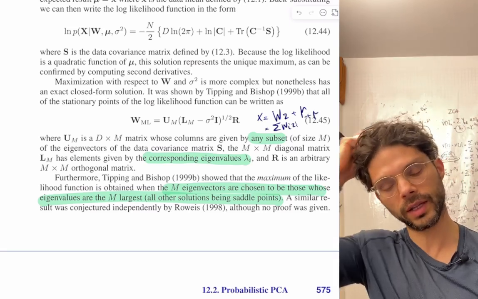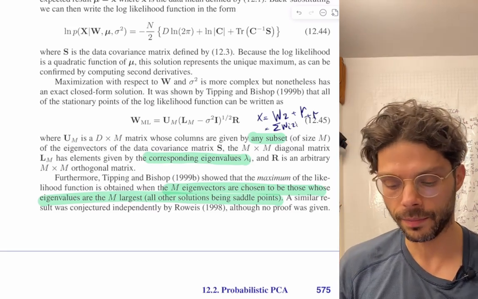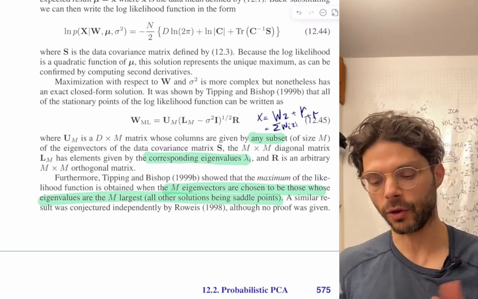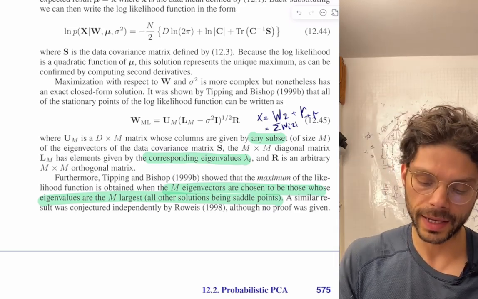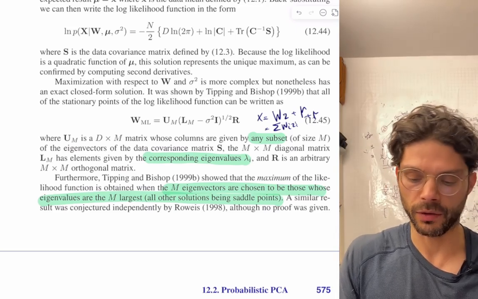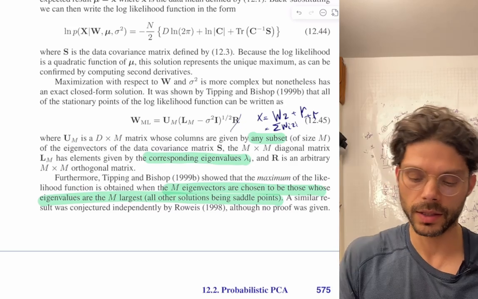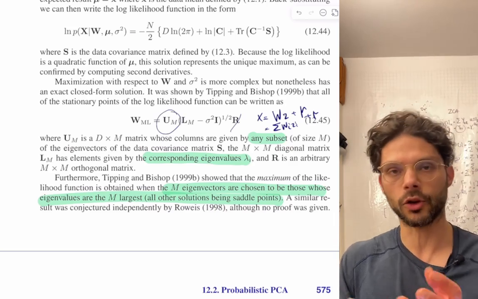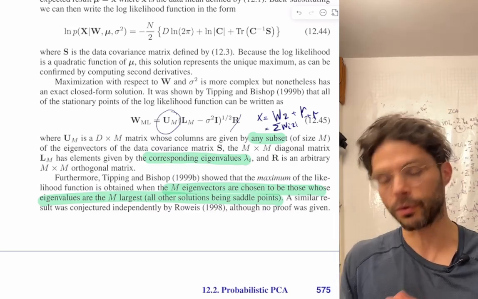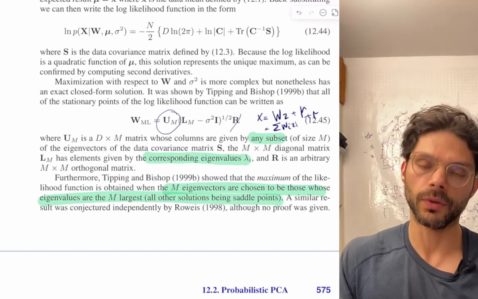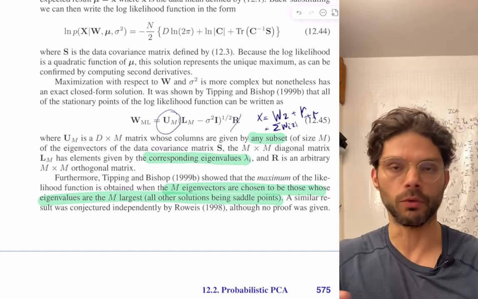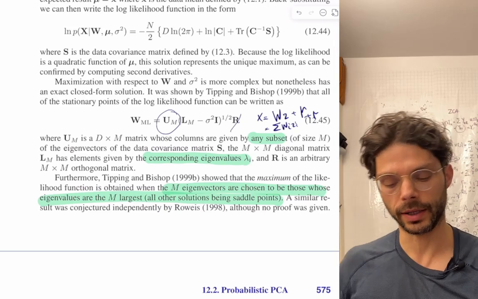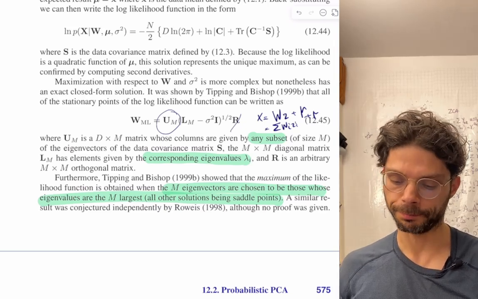So those latents are telling you the strength you're going to apply, at least if R was the identity, along those directions. And if R isn't the identity, then the rotated version of those latents tells you how much you should move along the directions in the data, the eigenvectors of the data.